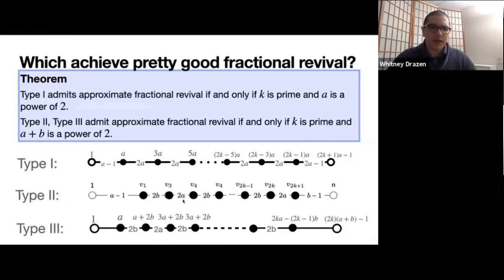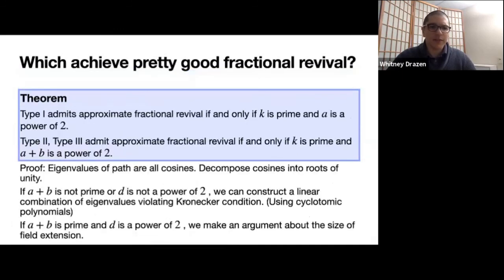Okay, and I won't go into the proof of this, but it just deals with the fact that cosines can be decomposed into roots of unity, and then we use the theorem we had about the linear combinations of eigenvalues to prove that there is or isn't fractional cospectrality.